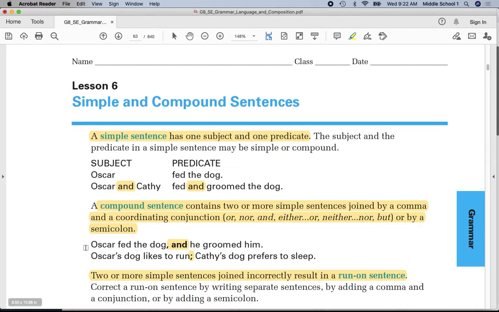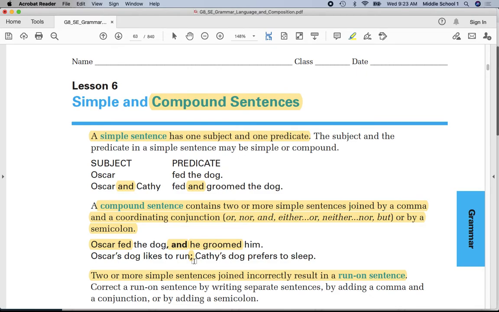Each of these has its own simple subject and simple predicate. Oscar fed. He groomed. What we want to be looking for today are the sentences combined by a comma and a conjunction. If so, we're going to call them compound sentences.